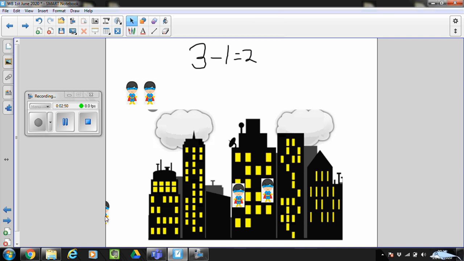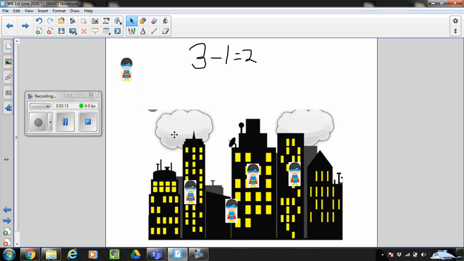Let's have a go at another one together. If you put your superheroes away so they're not on the building. This time 4 superheroes were called to go to the building. So take your 4 superheroes and you're going to put them on the building. You're only looking at the 4 that you've got on the building.